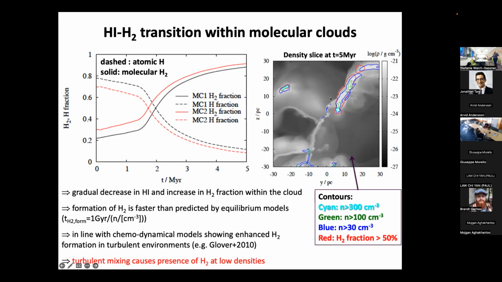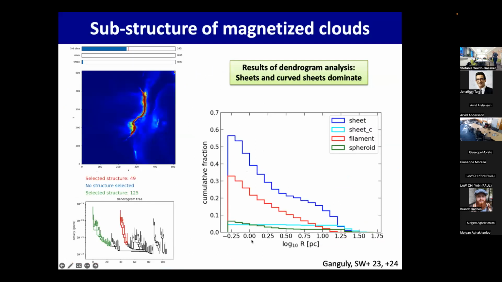And we can measure the number densities in our clouds. So if we had an equilibrium model, then it would take much longer to form the molecular gas. But because there are shocks and density enhancements, turbulence, you can have a quicker molecular gas formation. This is also something Simon Glover has looked at in 2010.